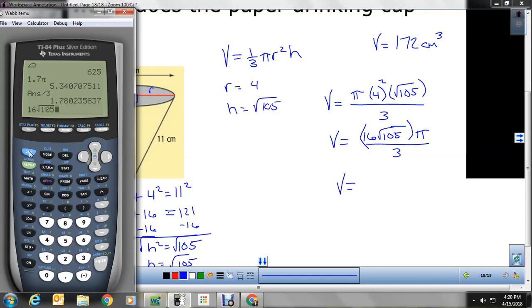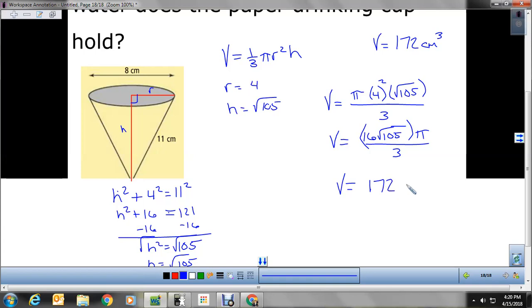And then we're going to put the pi symbol so that it's outside. So pi is outside the radical now. So 16 times the square root of 105 pi equals, and now we're going to divide this by 3. And that gives us 171.68. So this is going to round to approximately 172 cubic centimeters.